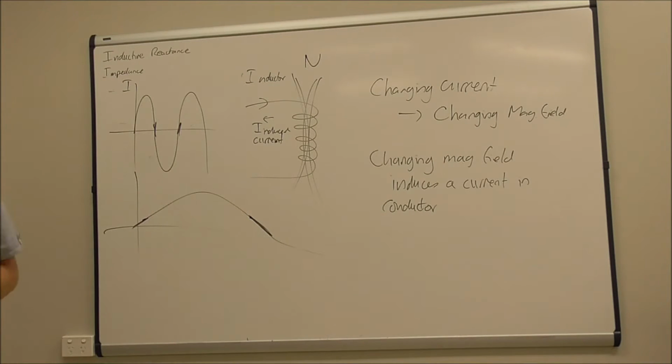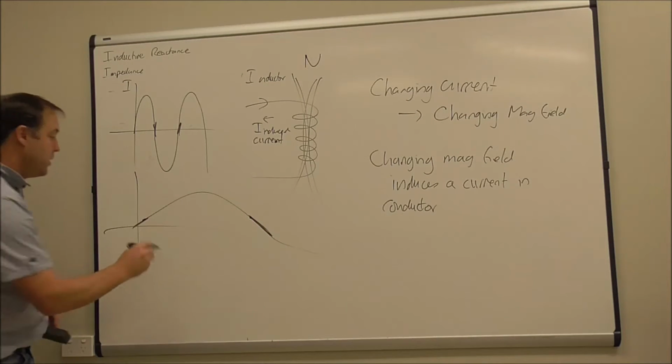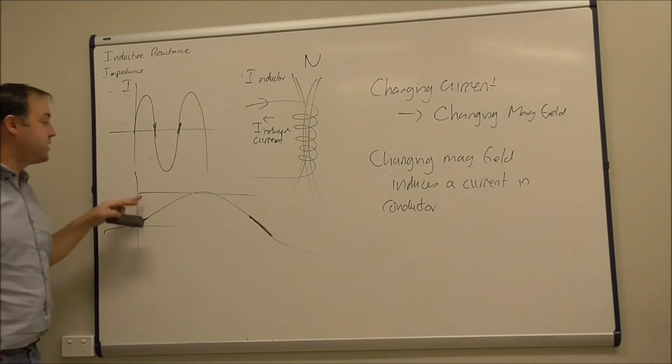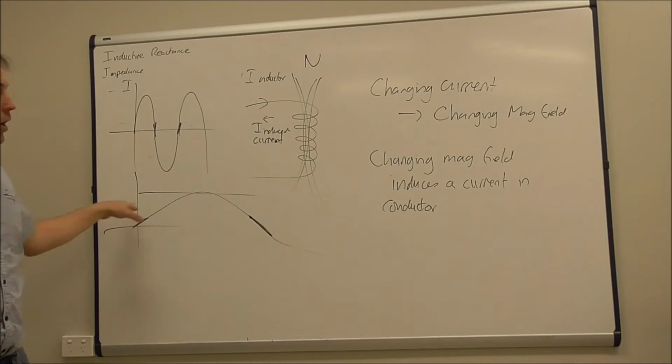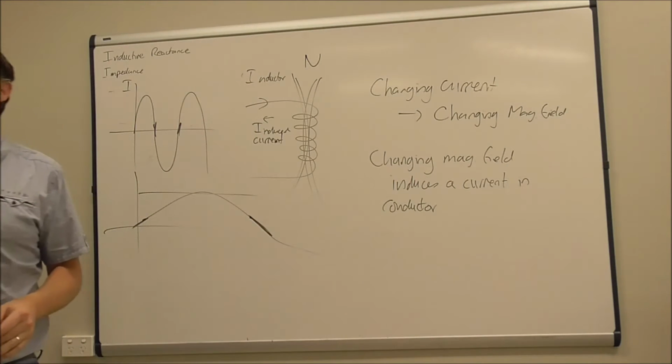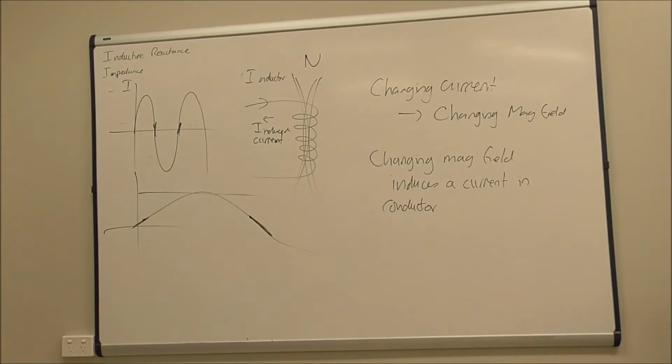Okay, and you can imagine if it's a steady state DC like that, it's not changing at all, so there is no opposition. So for an inductor at very, very low frequencies, it just behaves like a piece of wire. Okay, so it has very, very little opposition to that current flowing.